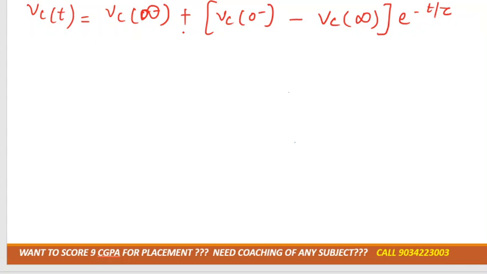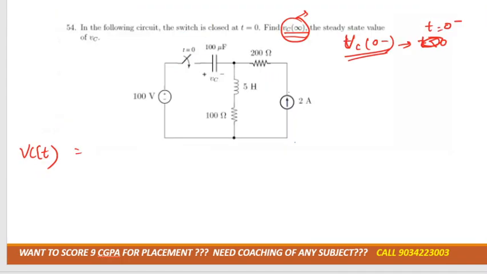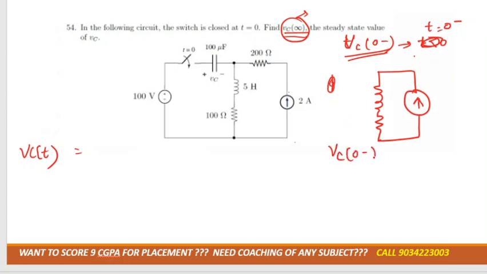So now tell me, at t equal to 0 minus, what is the circuit? Switch is open. If the switch is open, then the diagram would be like this. That means VC of 0 minus is 0 only.